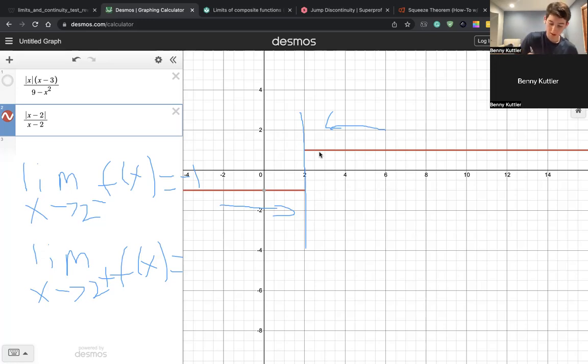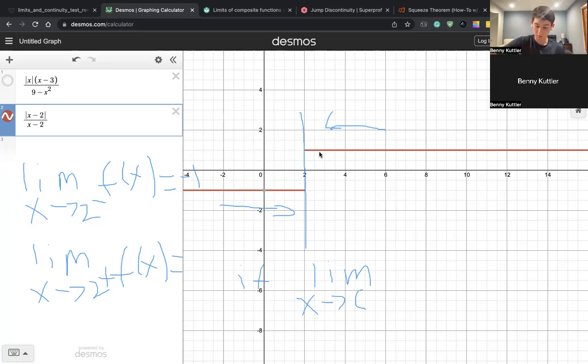If the limit as x approaches, instead of 2, this isn't specific to 2. If this were any other number, it would work too. So instead of writing 2 to generalize it, we can write c. That's just some number that x can approach.